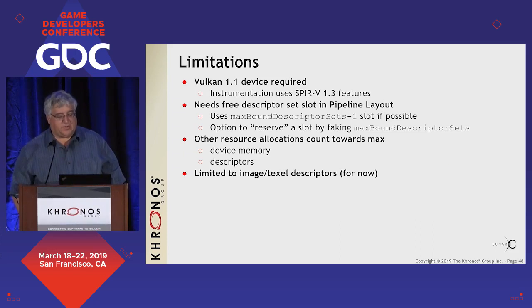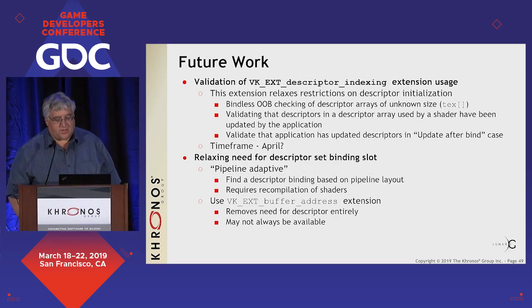And this happens for you automatically when you turn on GPU-assisted validation. So the layer is essentially modifying the SPIR-V before it hands it off to the driver. And then at shader execution time, it updates a piece of memory through a descriptor, and then finally into device memory. And then once the workload is finished, the layer will do a wait idle and analyze the debug buffer and generate a report just like the one we saw.